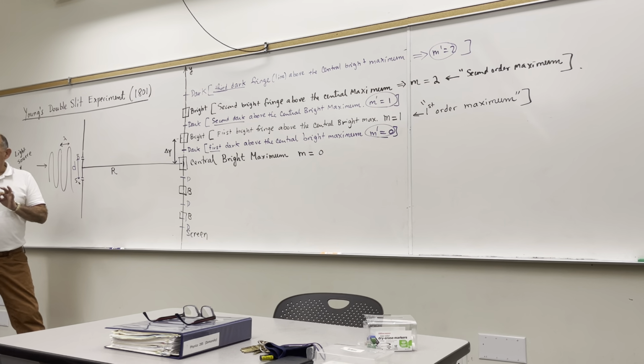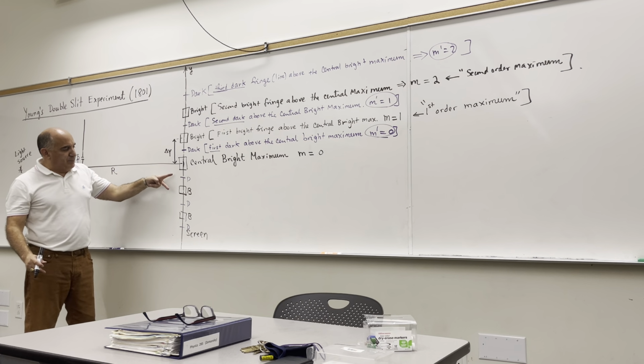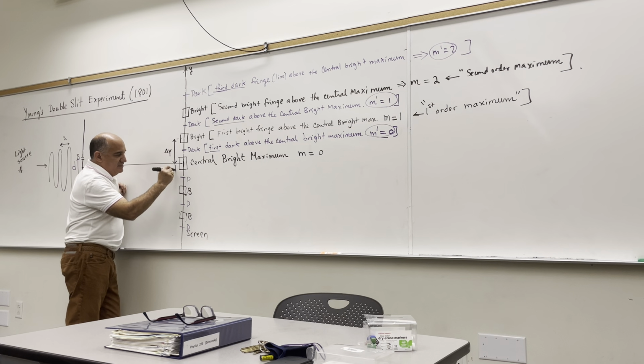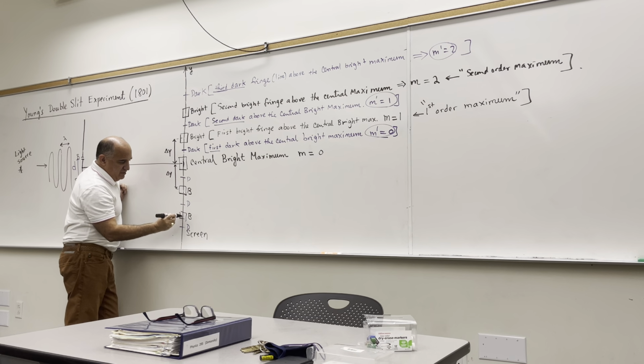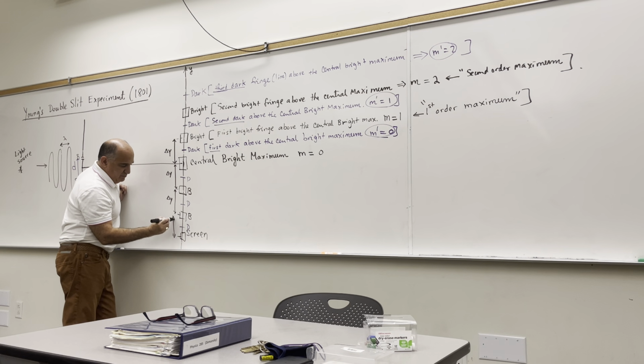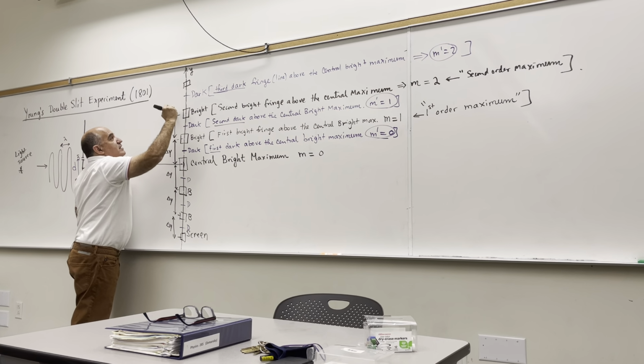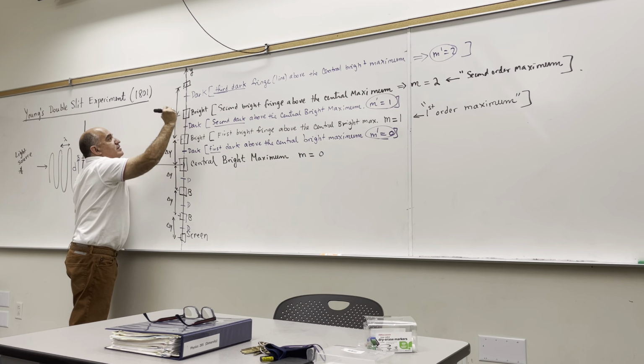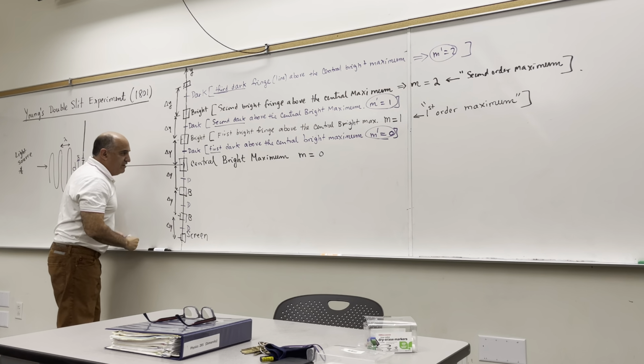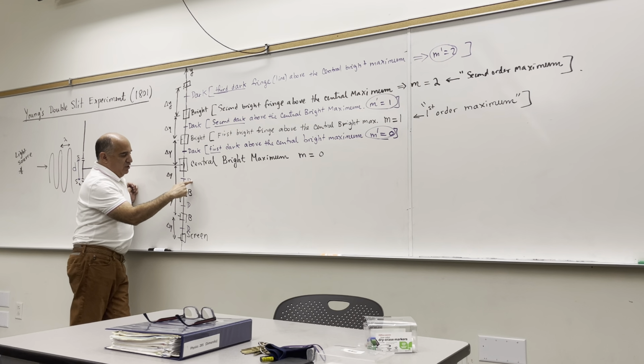If you know that distance, then you know the separation distance between all of them, because all the separation distances are the same. This distance is going to be the same as that, and the same from here to here. If you have another bright over here, the distance is going to be the same, and if I go to the next one, it'll be the same. And guess what? What if I consider the distance between this dark and an adjacent dark?